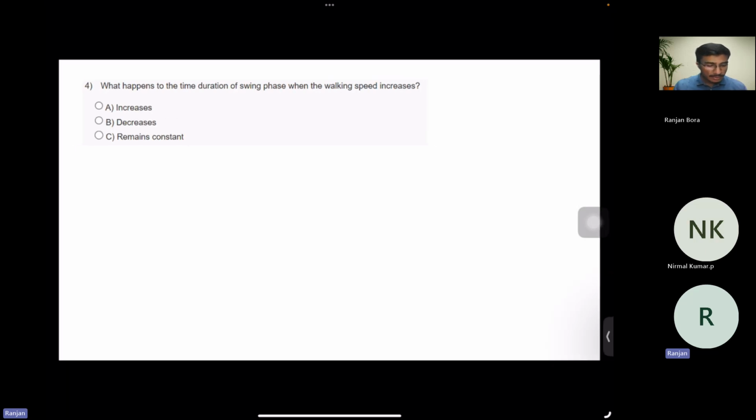And next question is what happens to the time duration of swing phase when the walking speed increases?